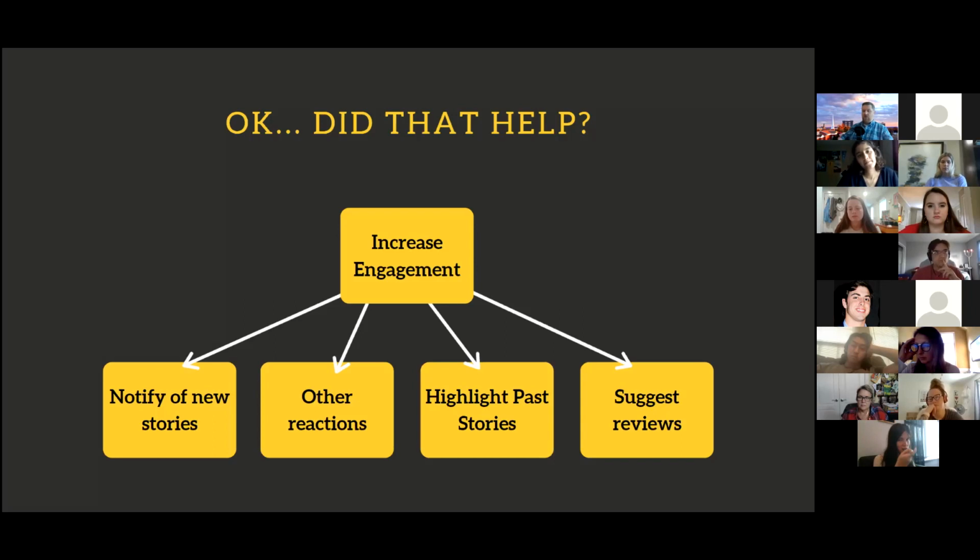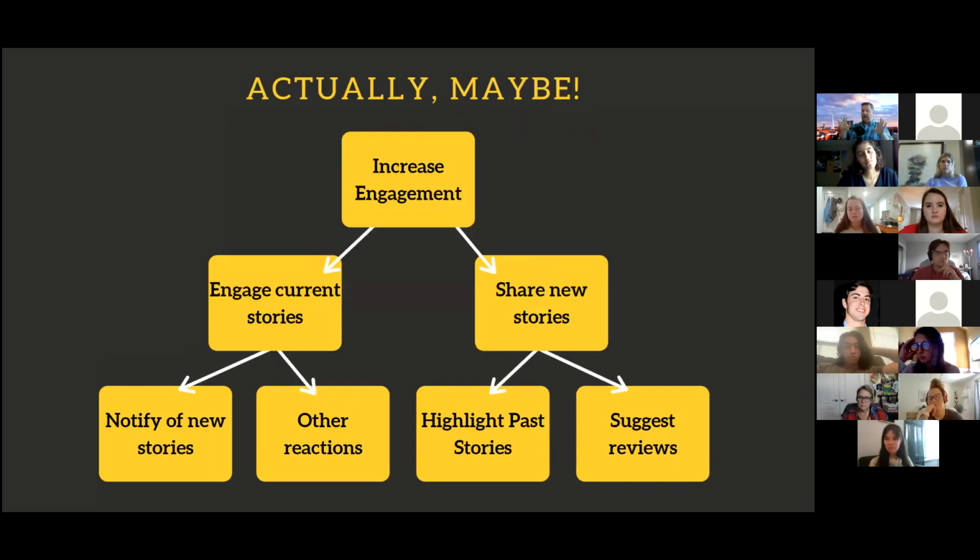So what we can do is group these together in buckets. We know the overall goal is to increase engagement. That's the end result. But now we can ask, how do we want to increase engagement? Do we want to increase engagement on existing stories, or by people creating new content?